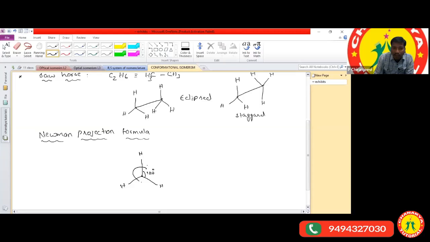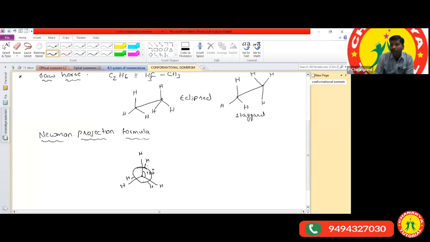So we can write like this here. The second carbon atom is also attached with three hydrogen atoms, H, H, and H. In three dimensions, these hydrogens are exactly one behind another.